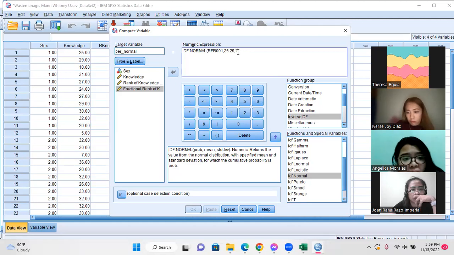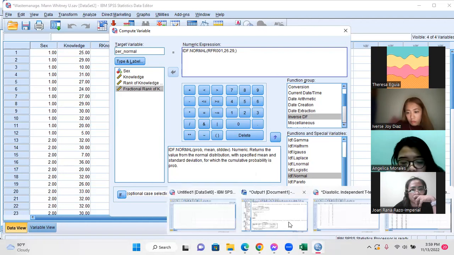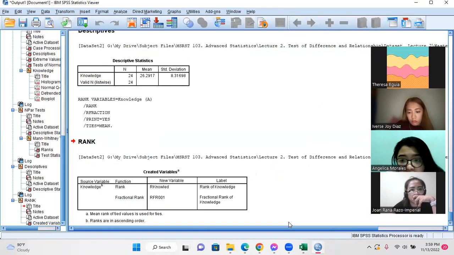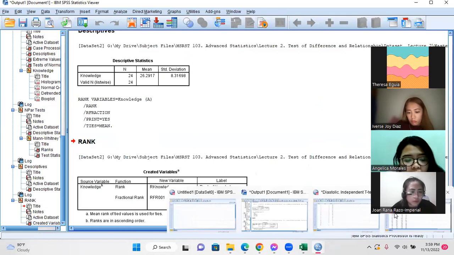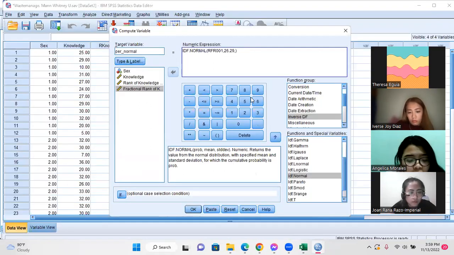And then, lastly, kukunin ang standard deviation 8.32. Then click OK.